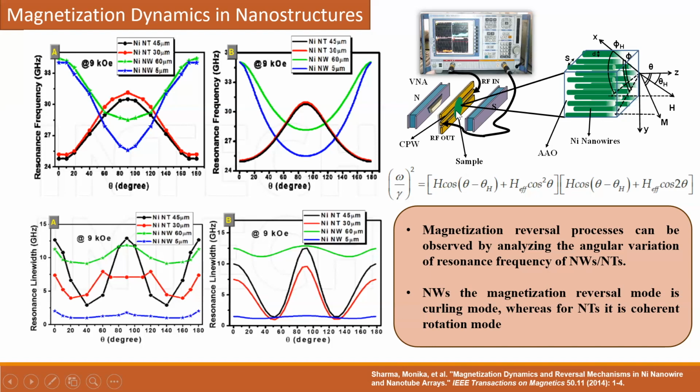Now if I change the orientation of this microstrip line from say 0, or I tilt the sample position, then my angle will change. Depending upon the change in the angle, from the parallel direction to the perpendicular direction, I see that the nanowires and nanotubes show different behavior.